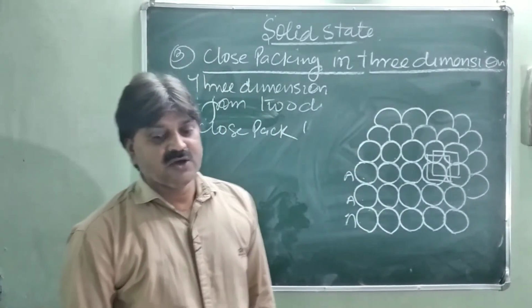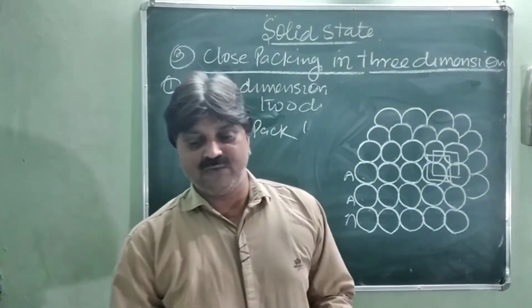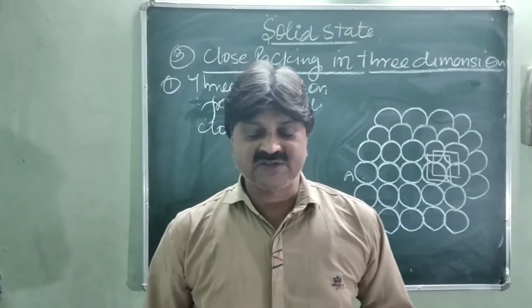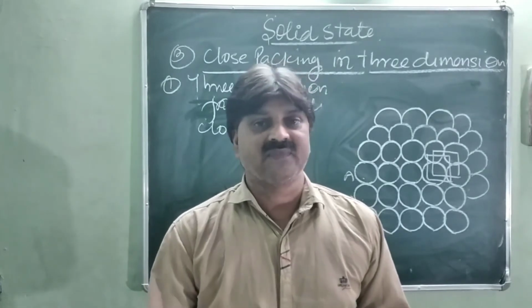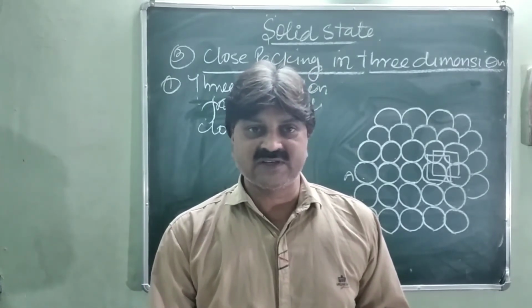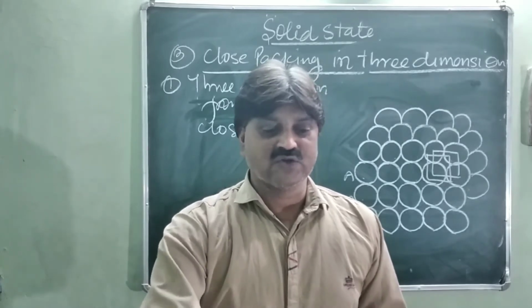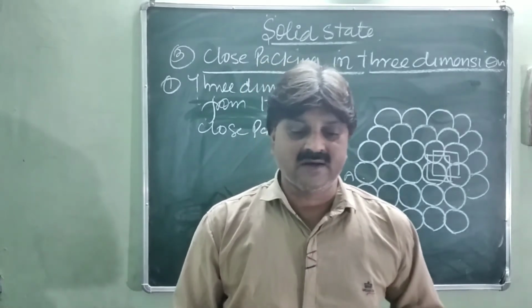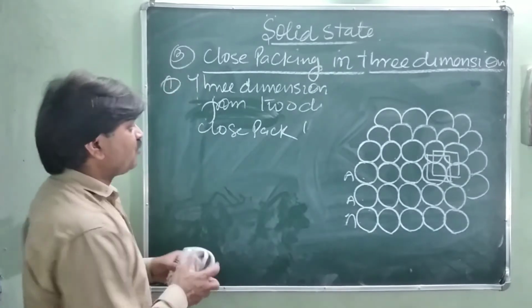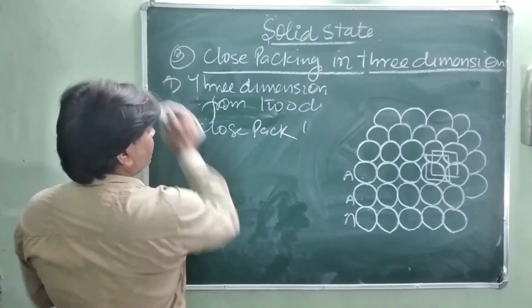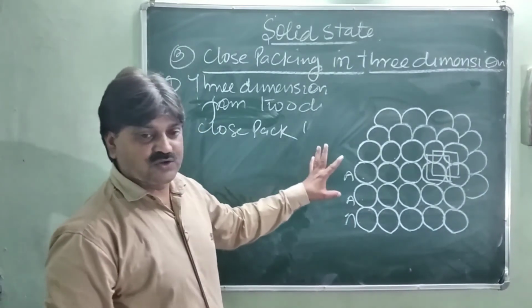Is it clear? So another way is by placing one layer above, the second layer over the first layer. How do you create the three-dimensional structure? By placing the second layer over the first layer. So the next one is created by the second way, placing the second layer over the first layer. One type here is the square closed pack structure.